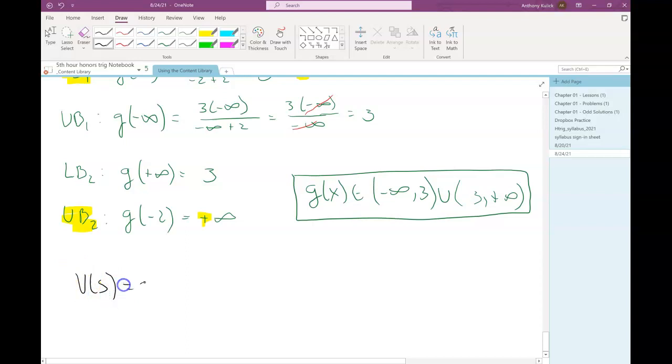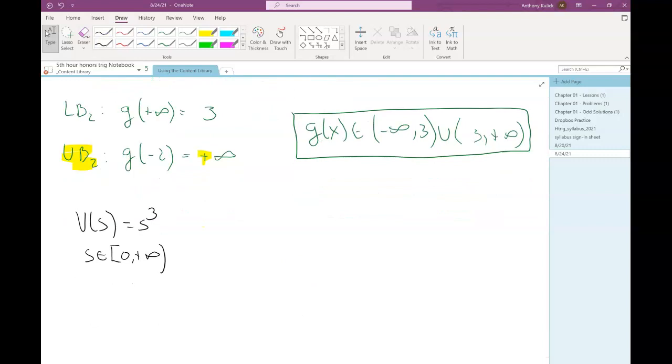Our last example was this v of s, and I'm not going to write the extra condition on that, if that's okay with you guys. So again, first thing I want to do is think about what the graph of v of s is going to look like, so I can determine whether it's increasing or decreasing.